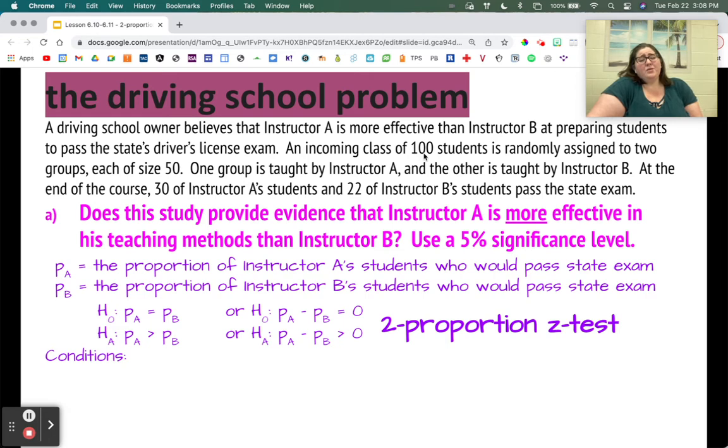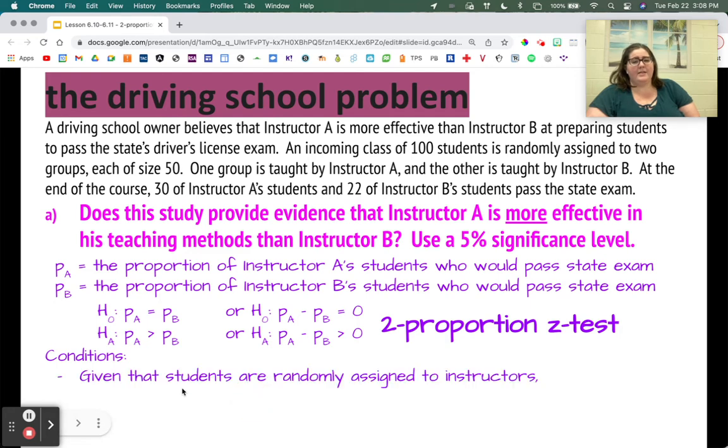We could probably assume that these 100 students are representative of all students who would take this class. And that's reasonable to say, but it's pretty clear from the beginning, this is an experiment. We have 100 students, we have randomly assigned them to their 2 different groups. So what I'm going to say here is that we're given that they're assigned to instructors randomly, which gives us 2 independent groups.